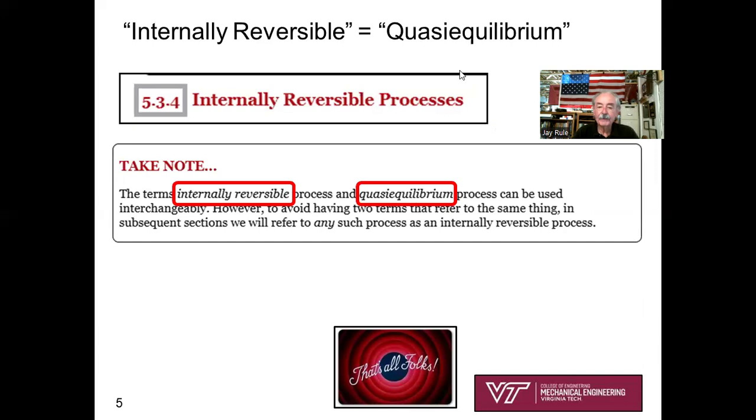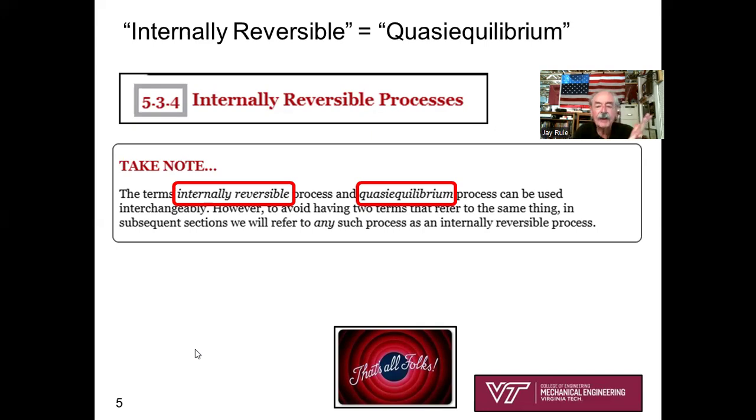Okay, 5.3.4, another screenshot out of your book. Your textbook in chapter 5 says, remember how we were dealing with that word quasi-equilibrium in chapters 2 and 3? Hard word to write out. Well, now we're switching to new jargon, and we're going to call that internally reversible. And how did we, back then, describe quasi-equilibrium?